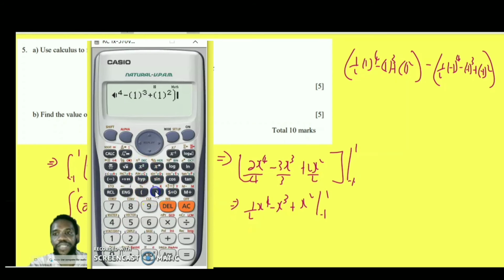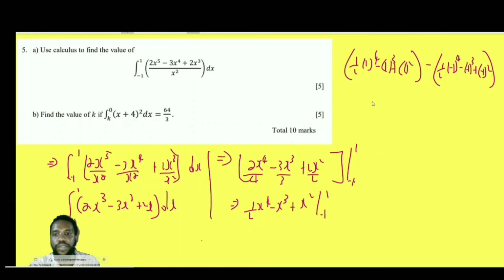Now you have to be more careful with negatives because all the negatives need to go inside of the bracket. So here I'm going to have a half, 1, close bracket raised to the fourth power, minus open bracket negative 1 cubed, and then I'm going to have plus open bracket negative 1 close bracket squared.